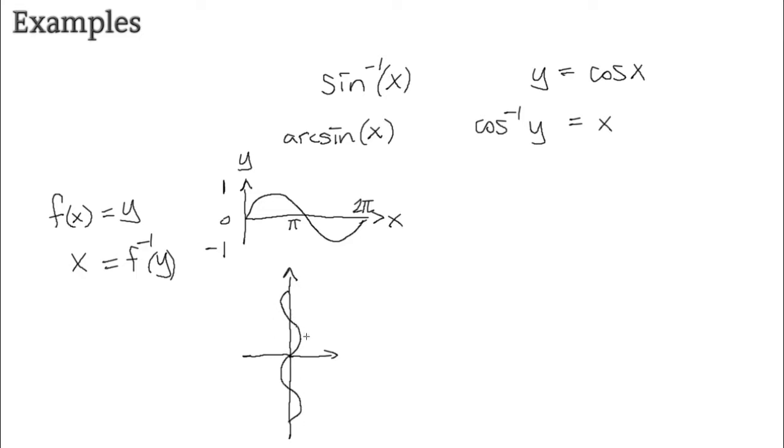So right now we have 2 complete oscillations, but the important thing is that the range of your function would have to be within 2 pi. It depends on what your limits are. If your y is limited to pi and minus pi, then you should cut off these two segments.